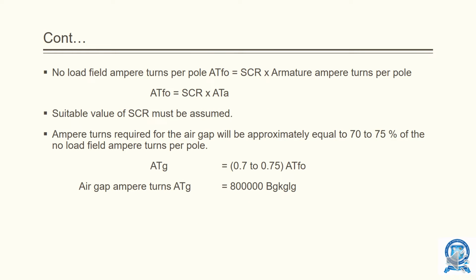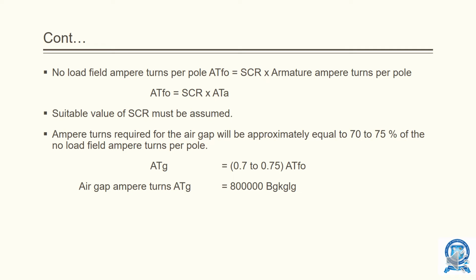No load field ampere turns per pole, ATf0, is equal to SCR, short circuit ratio, into armature ampere turns per pole. So it can be expressed as ATf0 is equal to SCR into ATa.